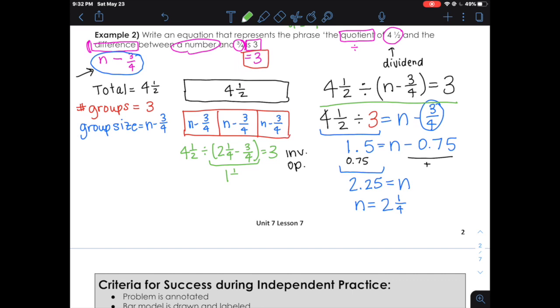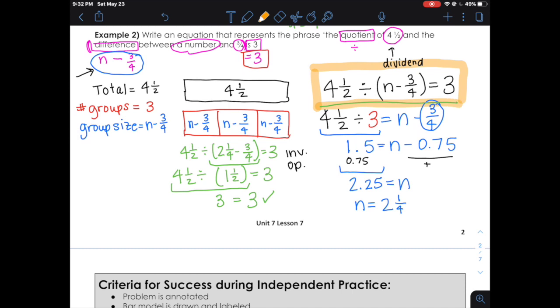So 2 1/4 minus 3/4 gives us 1.5. And we need to divide 4.5 by 1.5 and see if that equals 3. So 4.5 divided by 1.5 does give me 3. And 3 equals 3, so we did get it correct. So our proper answer to this is 4.5 divided by the difference of n minus 3/4 equals 3.